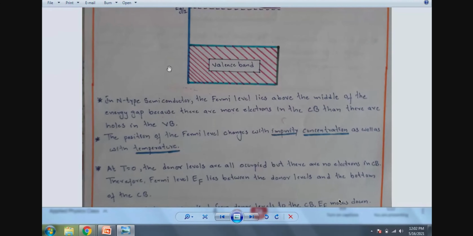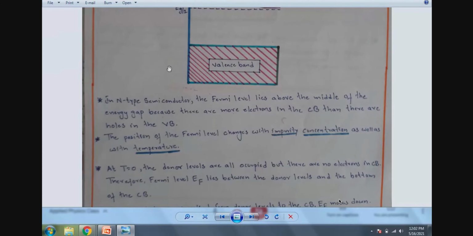If you know this condition, we can proceed. Now an important note: since the donor level is very near to the conduction band, the effect of the valence band can be neglected. Making use of this condition, you can formulate the concentration of electrons in an n-type semiconductor.